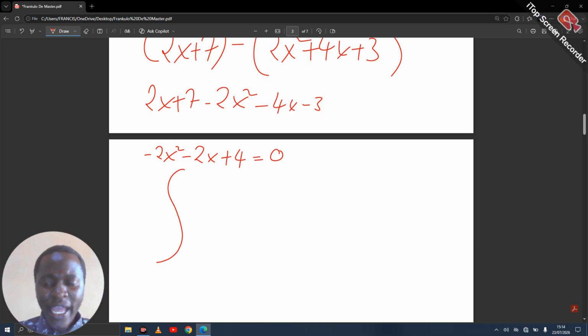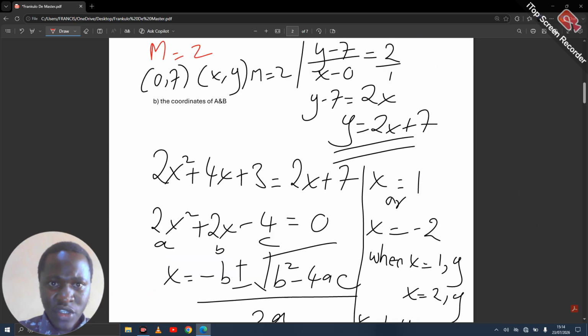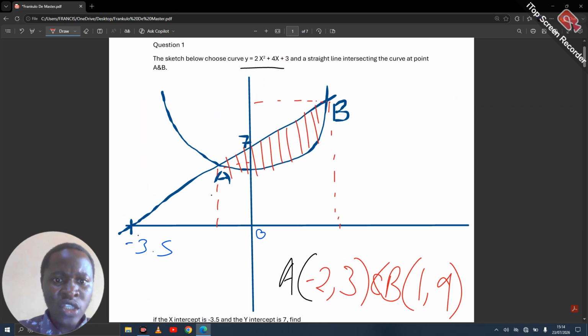Remember, we wanted the area of the shaded region. So, shaded region, okay. Remember, at A we are having -2, then at B we are having, this one should be 1. Then here we are having 9.